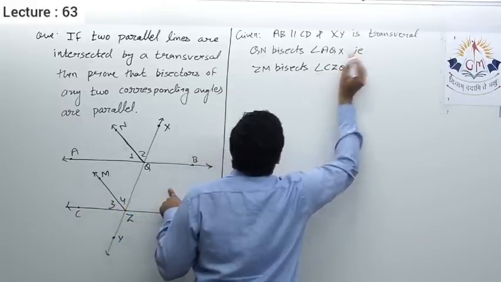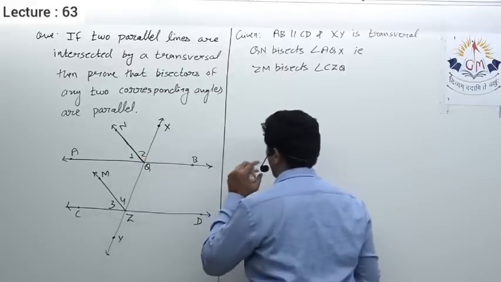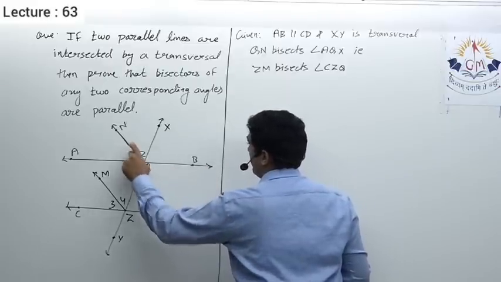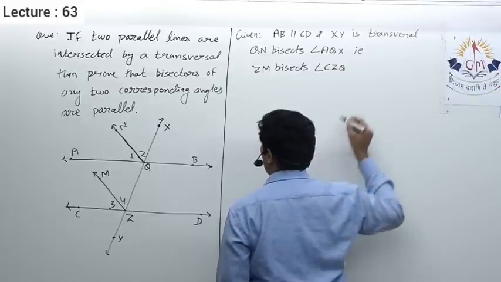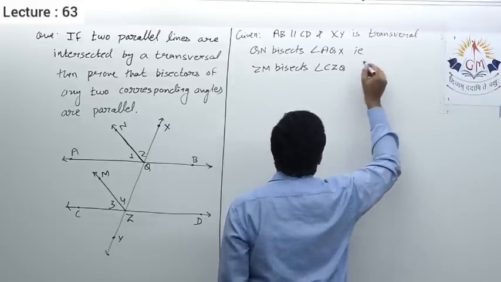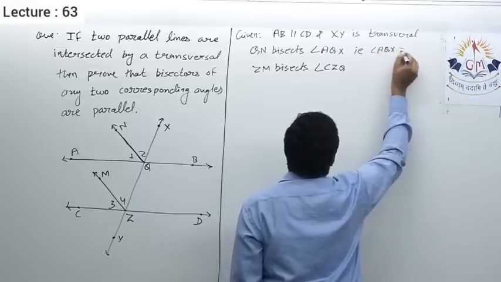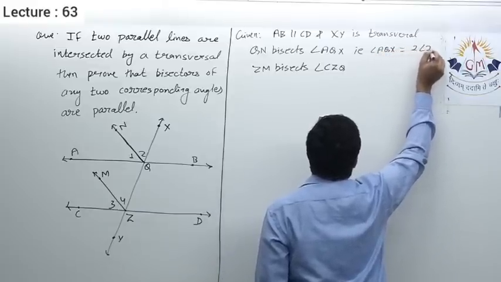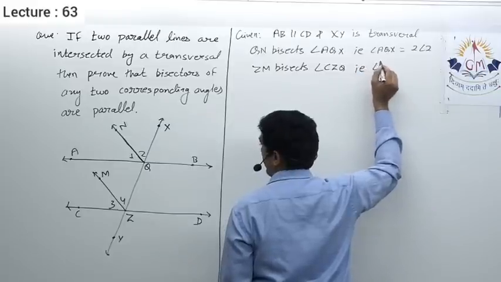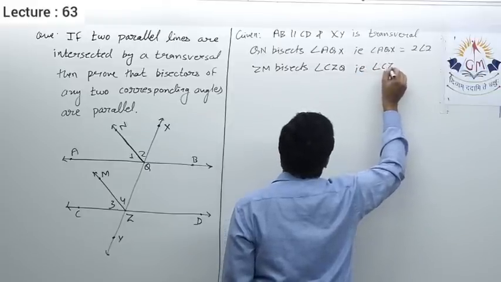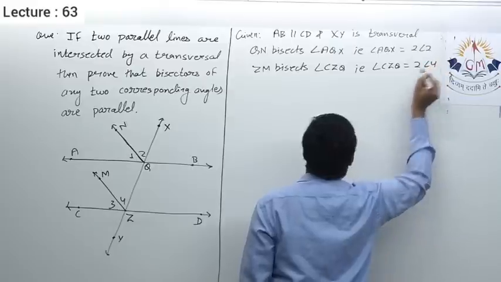When QN bisects angle AQX, I can say angle 1 equals angle 2, or angle AQX is equal to twice of angle 2. Similarly over here I can say angle CZQ is equal to twice of angle 4.